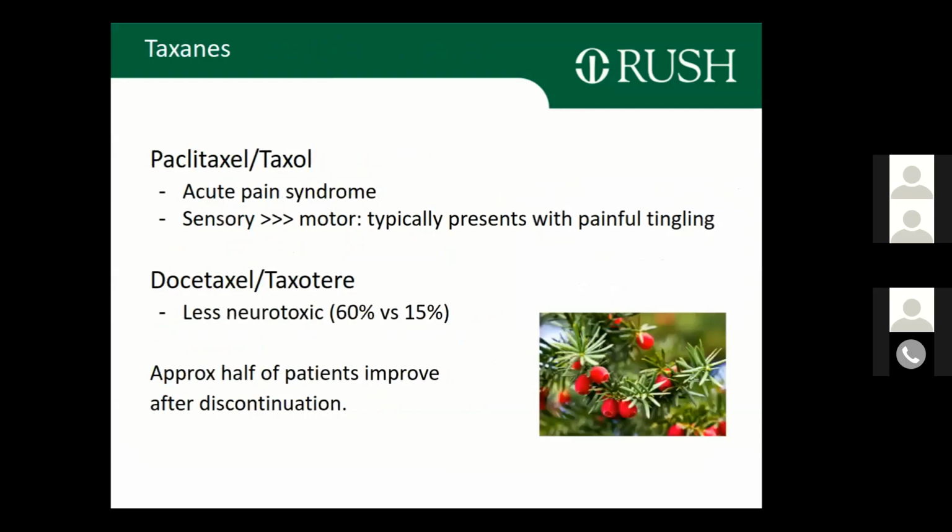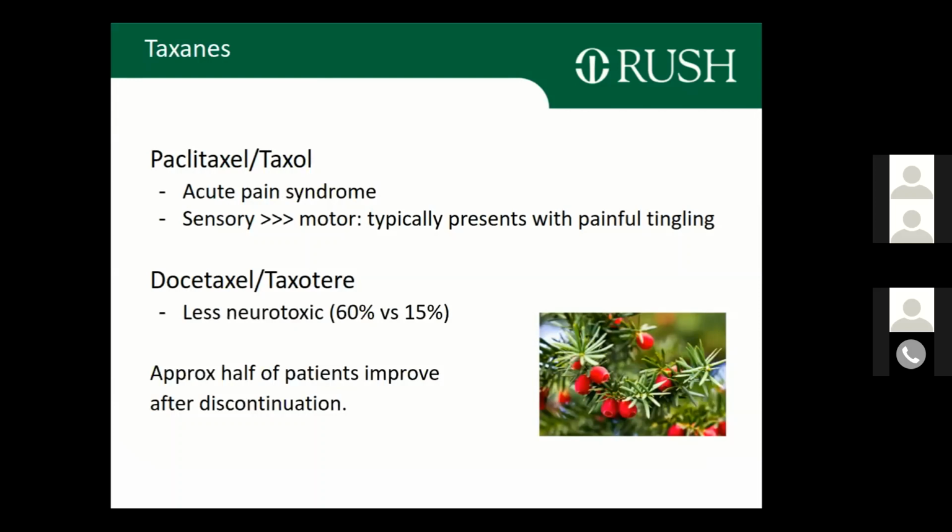The next drug group is taxanes. This is paclitaxel, the brand name Taxol, as well as docetaxel or Taxotere. Those are the two main drugs. Taxol can actually have an acute pain syndrome as well. Most of the other chemos, other than oxaliplatin and Taxol, do not have the acute problem. It's mostly chronic.